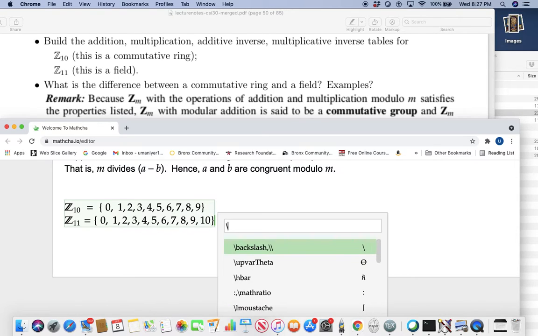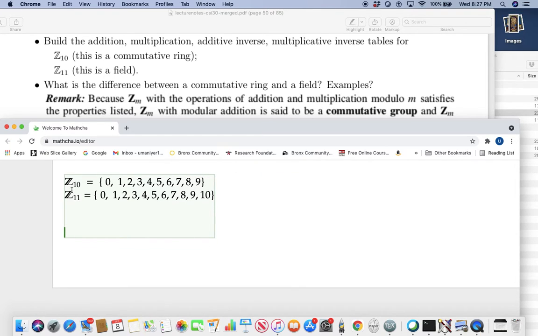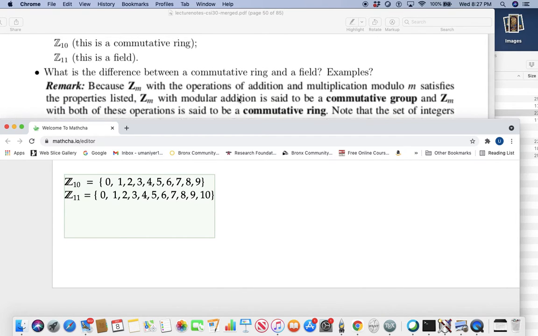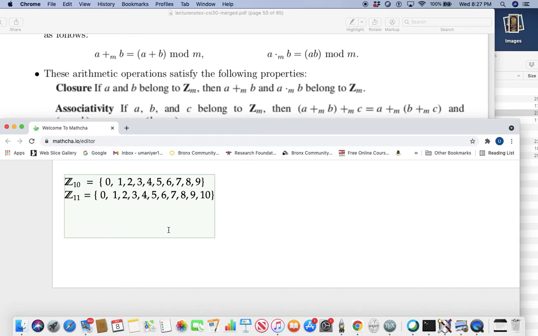All right. So now let's understand what it means to add numbers in modulo m. Suppose I want to add in modulo 10.